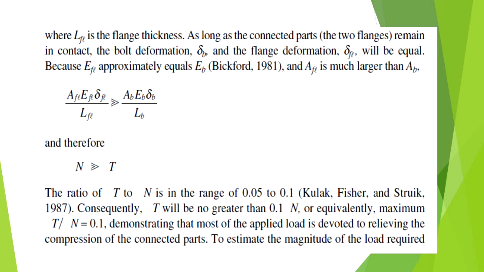Consequently, T will be no greater than 0.1 N, or equivalently, maximum T divided by N is equal to 0.1, demonstrating that most of the applied load is devoted to relieving the compression of the connected parts.